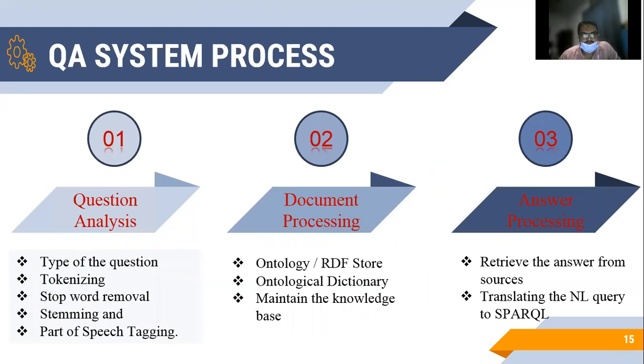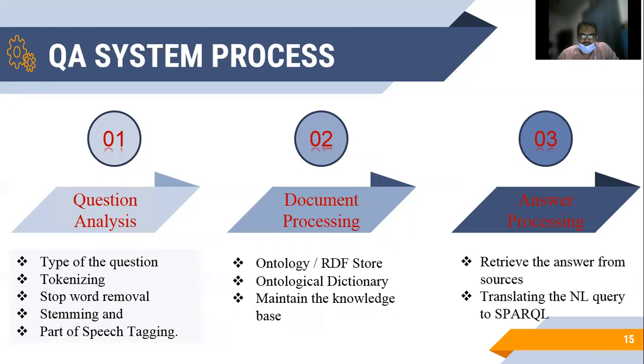Then the QA system process, in general, has three components: question analysis, document processing, and answer processing. Question processing has subcomponents of tokenization, stop word removal, identifying the type of the question, stemming, and part of speech tagging.